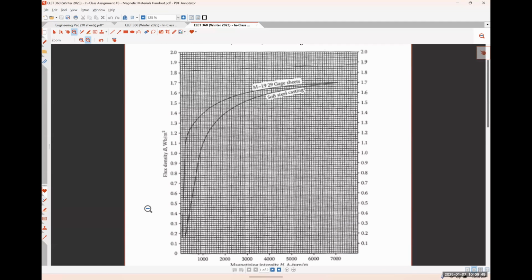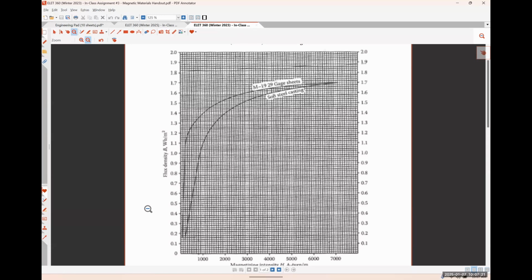What's important when looking at this graph is noticing that the relationship between B, on the vertical axis, and H, on the horizontal axis, isn't linear anymore, which means that our relationship B equals mu H now changes depending on what our H value is.